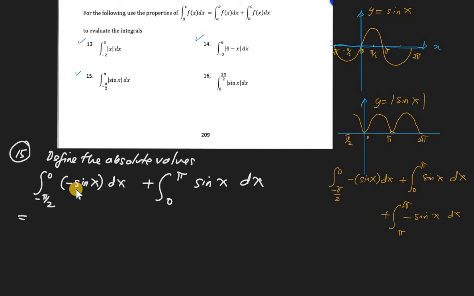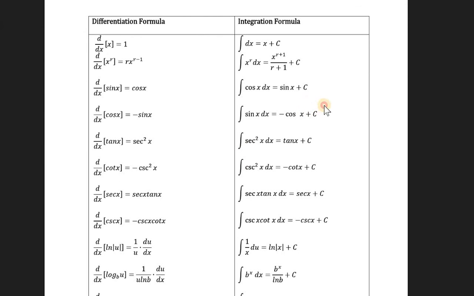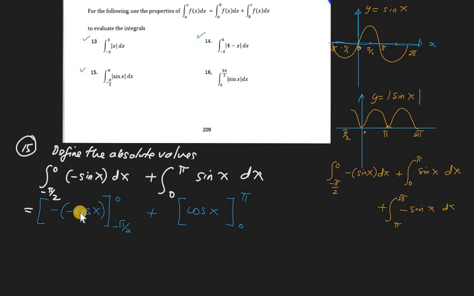So we need to look at the formula list, how to integrate sine. Here is a simple formula: the integration of sine is negative cosine. We're going to use it for our question. So we integrate that. And then we replace our upper boundary first minus the lower boundary.